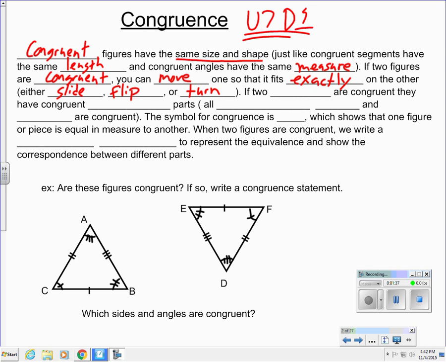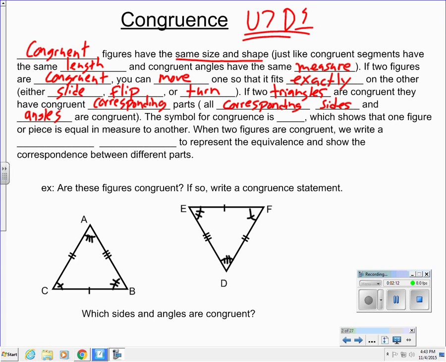If two triangles are congruent, and we're talking about triangles mostly in this unit, they'll have congruent corresponding parts. That means all corresponding sides and angles are congruent.